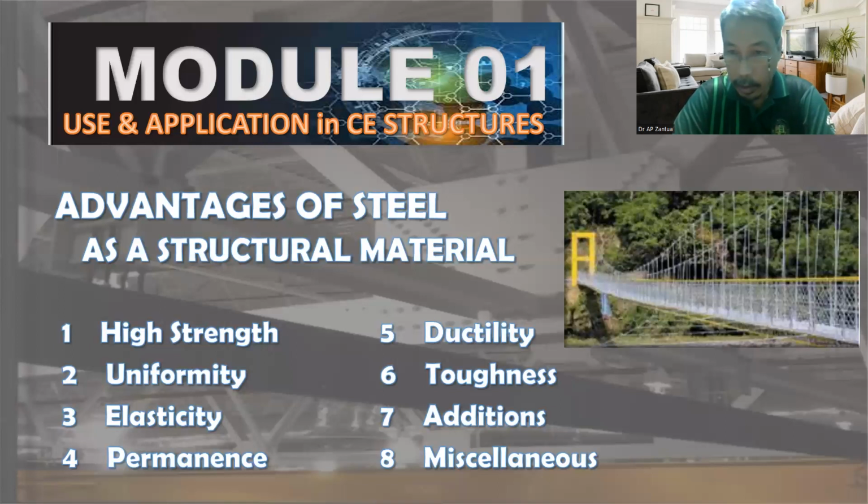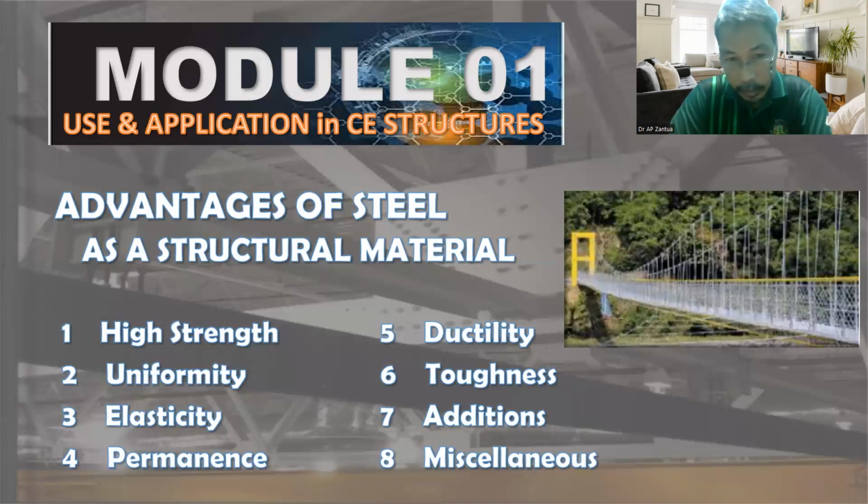Back and forth meaning moments and forces would be repeatedly changing. So that is what we call toughness in steel, to allow so many cycles of this type of loading before it would fail.